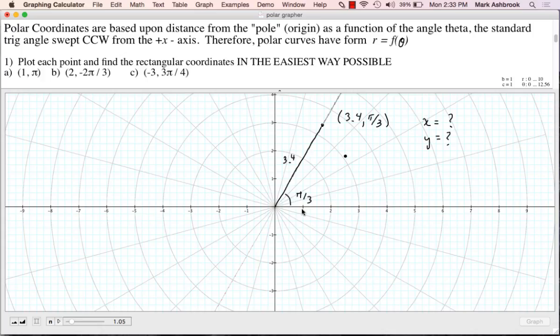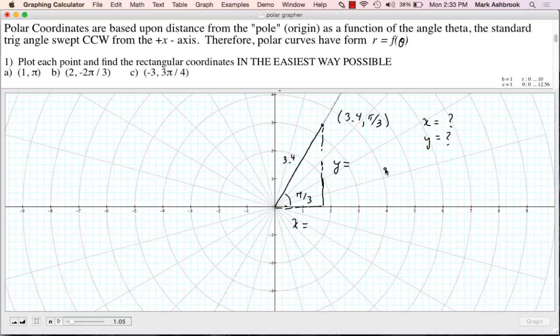You should be thinking trig, right? This is our standard trig angle, and we have the radius of our circle here. The x coordinate is this right here. The y coordinate is this distance right here. That's just basic trig.